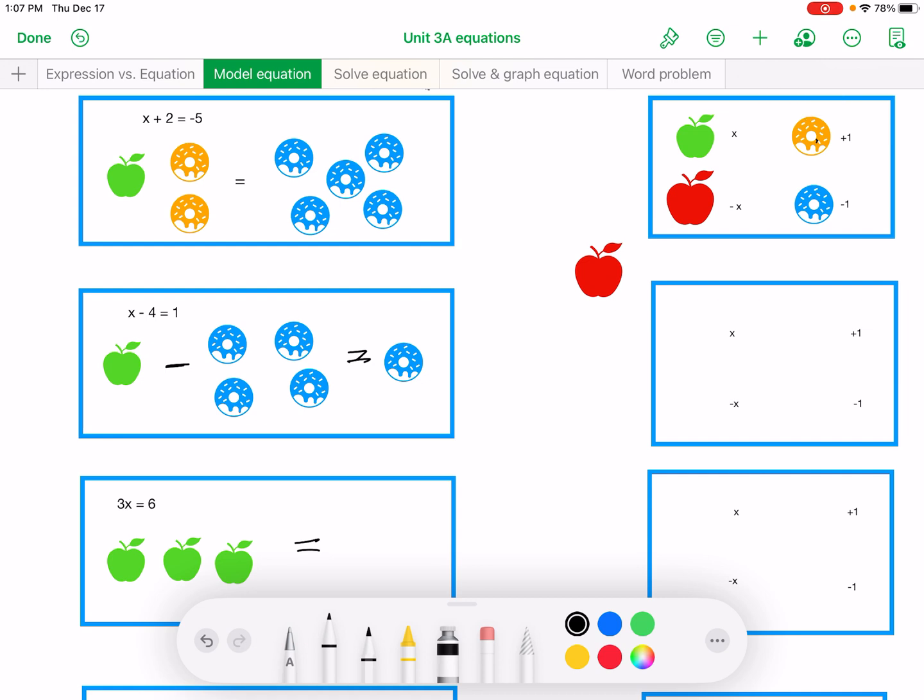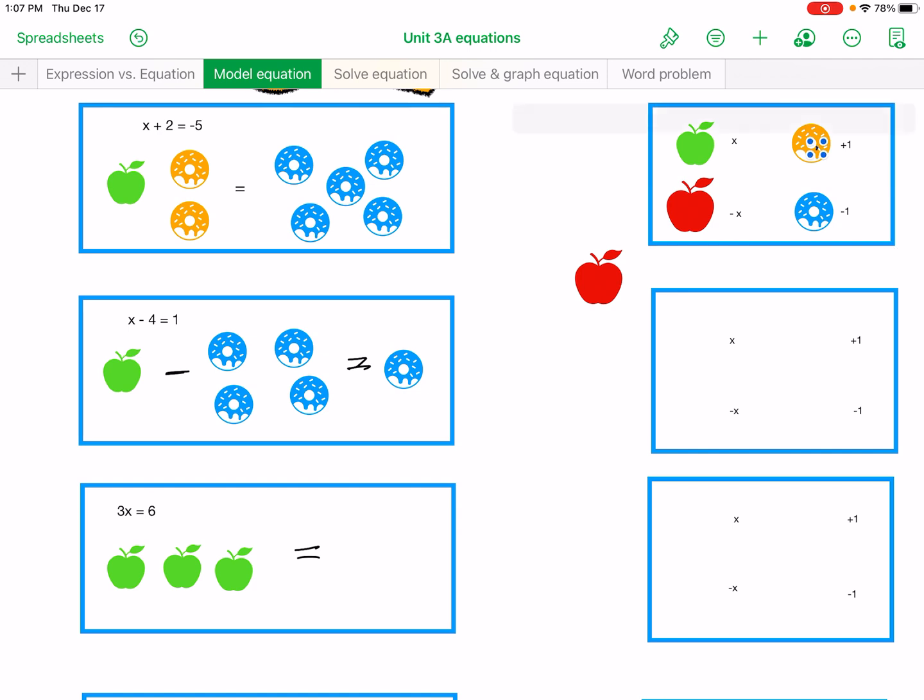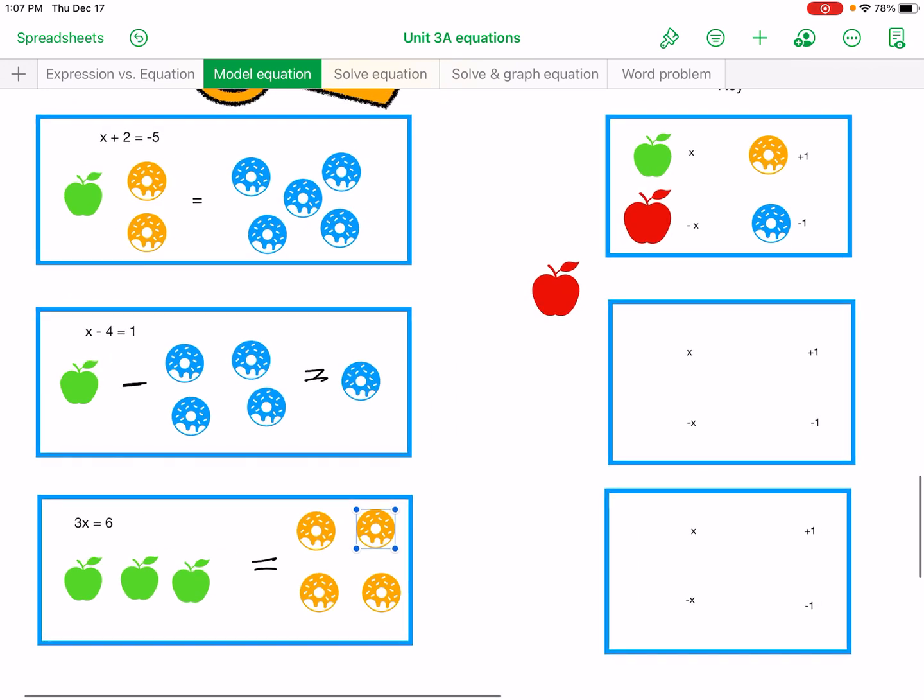Select, delete that, select, Option, 1, 2, oh, and I bet I can just do it here too. 3, 4, 5, 6. Yay!